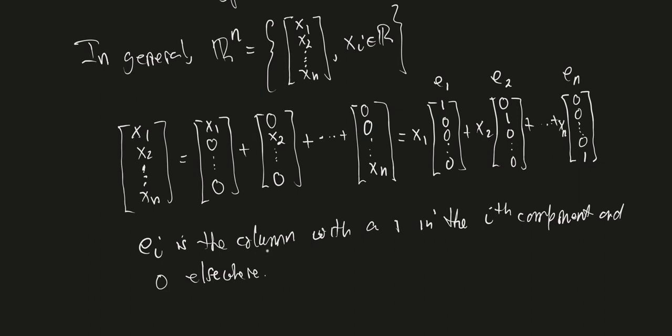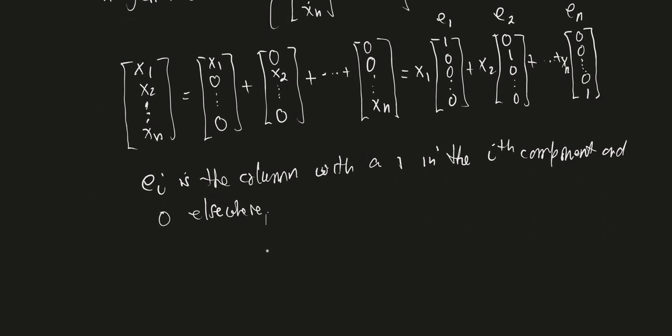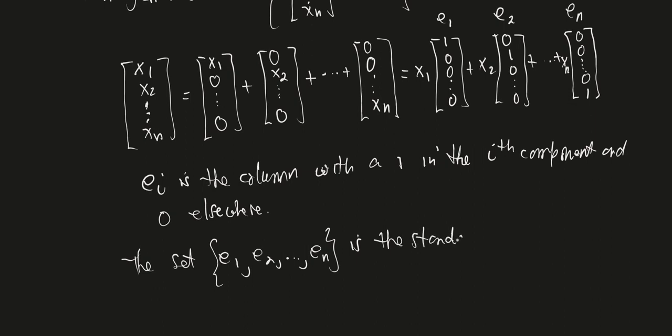And this set of e's, so the set E1, E2, dot dot dot, E sub n is the standard basis for Rn, right?